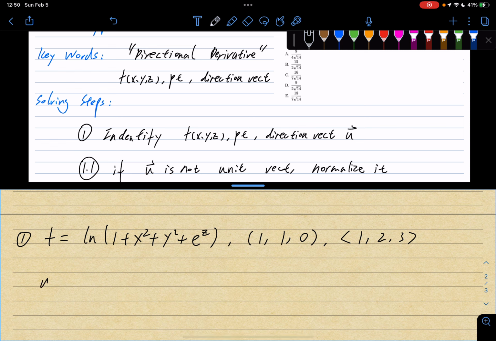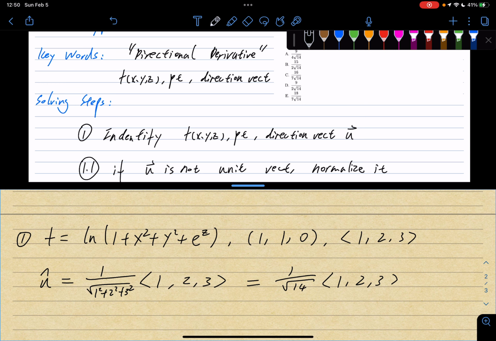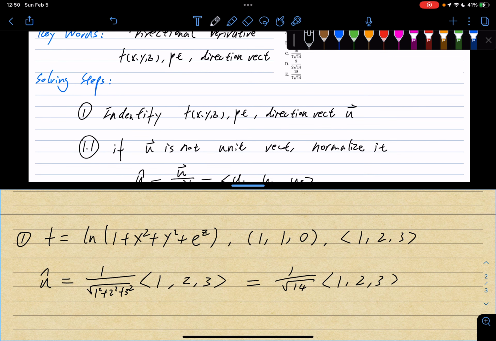So the u is going to be 1 over the square root of 1 squared plus 2 squared plus 3 squared, times (1, 2, 3), which equals 1 over root 14 times (1, 2, 3). So that's step one, a preparation for what we need to do next.